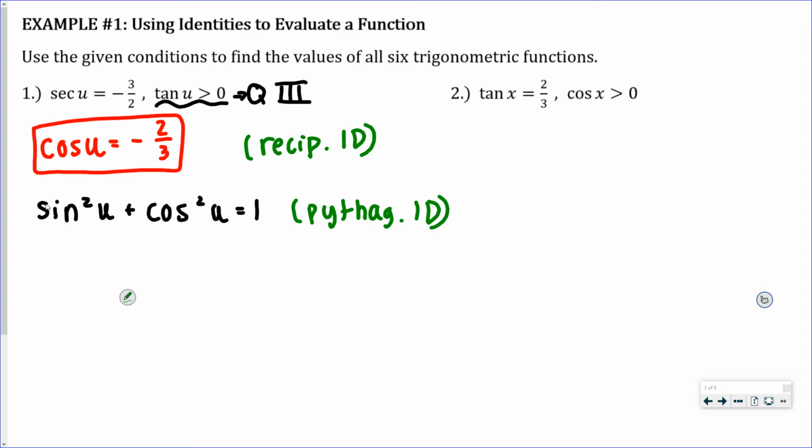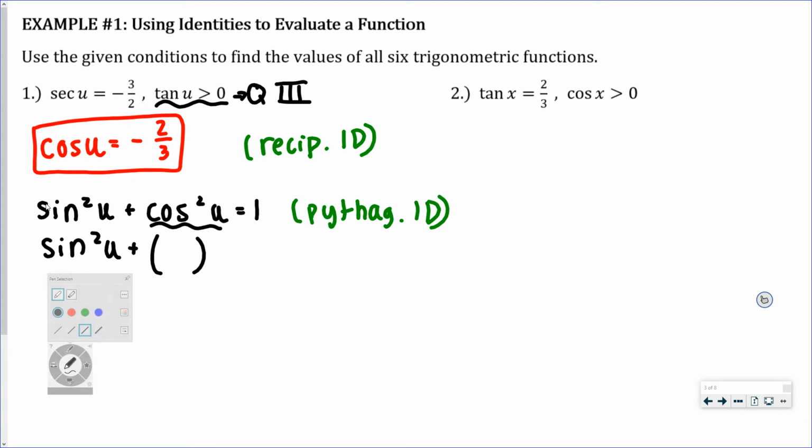So essentially, you can algebraically find the sine by plugging in the cosine, and there's no right triangle drawing needed. Okay, so sine squared is the one I'm trying to find. So the cosine of u is -2/3. So the cosine squared, you would just have to square that number.